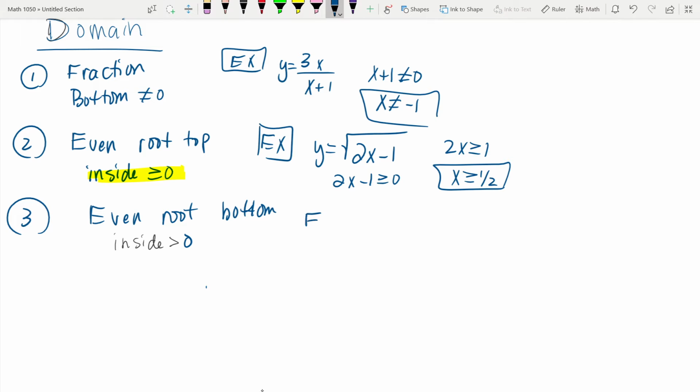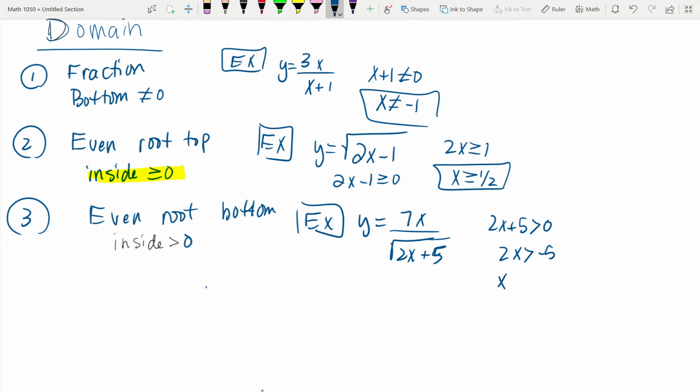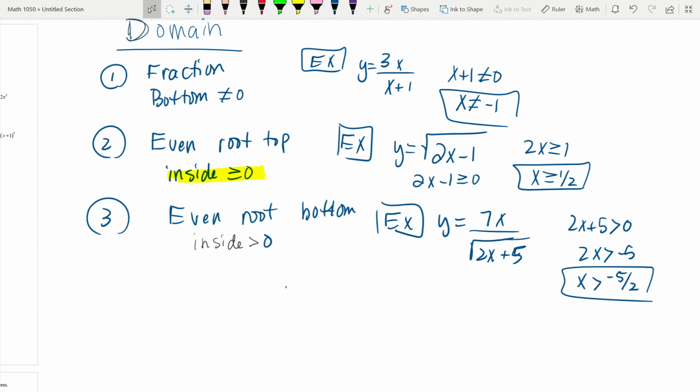For example, if I have y equals 7x over the square root of 2x plus 5, that's an even root on the bottom, so the inside must be greater than 0. Pull the 5 over, 2x is greater than -5, divide, x is greater than -5/2, okay? I know you can understand that.